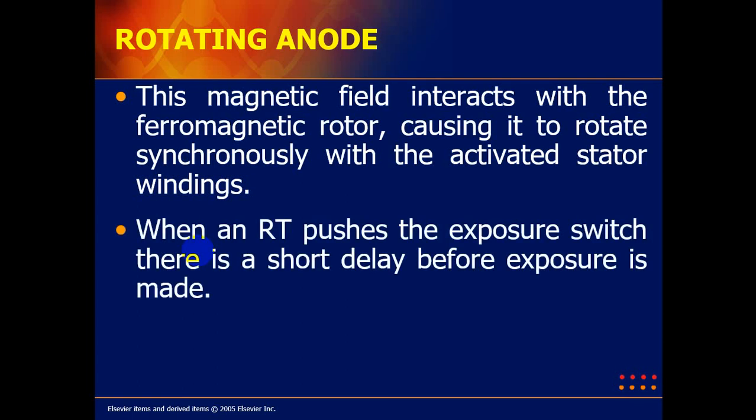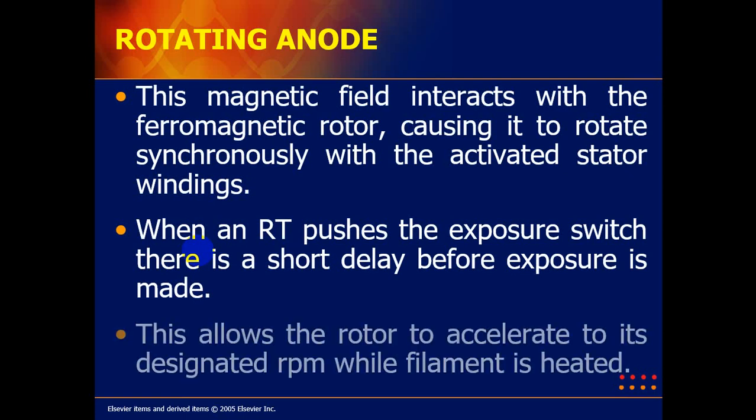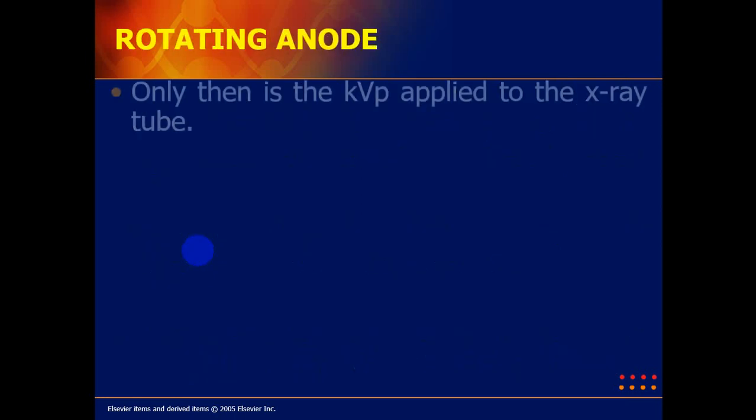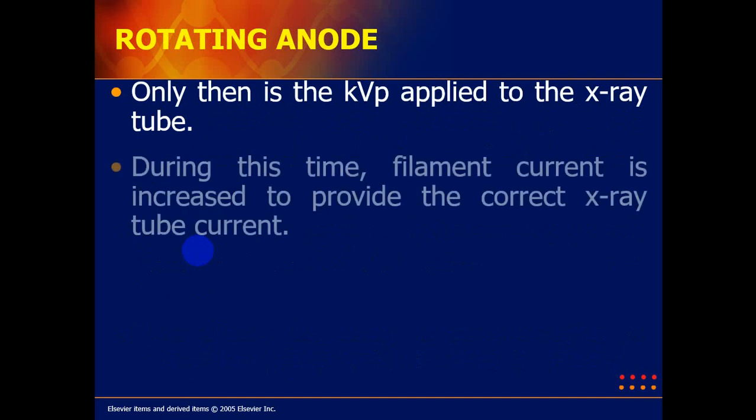When the radiologic technologist pushes the exposure switch, there is a short delay before exposure is made. This allows the rotor to accelerate to its designated RPM while the filament is heated. Only then is the kVp applied to the X-ray tube.